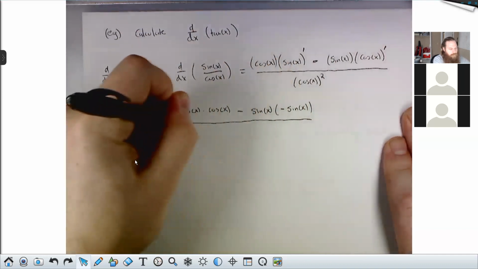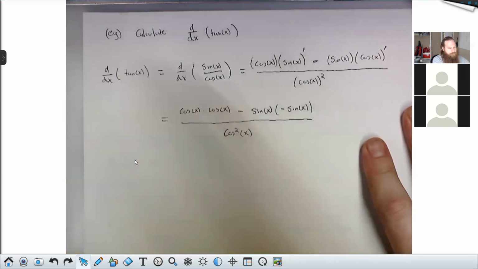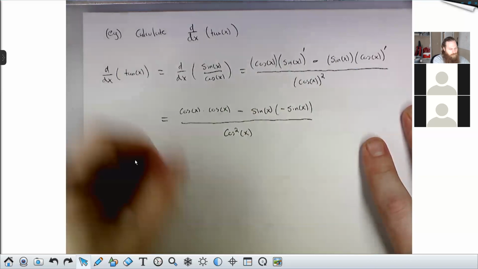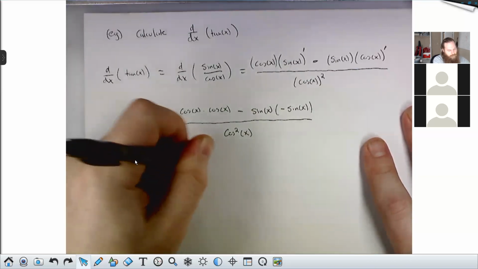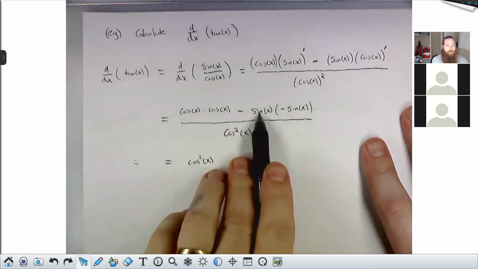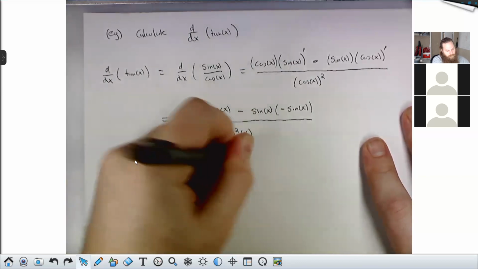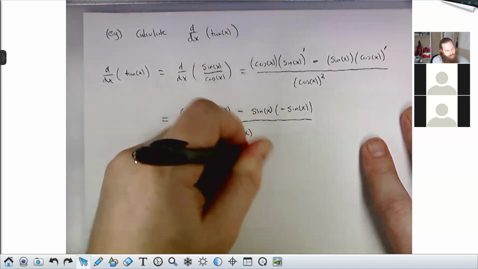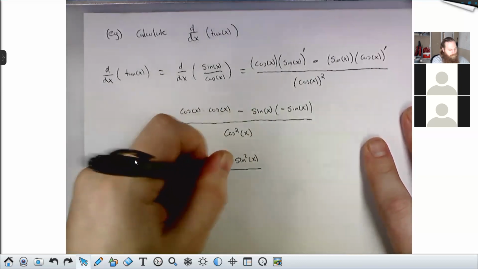And all of that is being divided by cos squared x. And if we clean up the numerator just a little bit more, we'll see that this is cos squared x minus negative sine squared x, which is plus sine squared x, all divided by cos squared x.